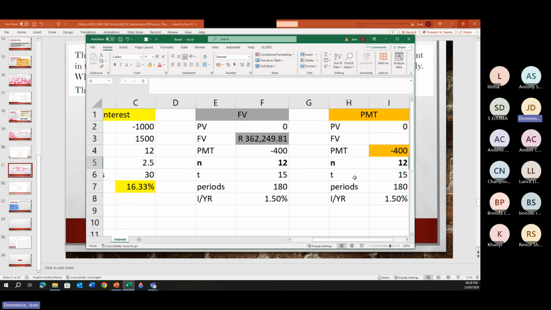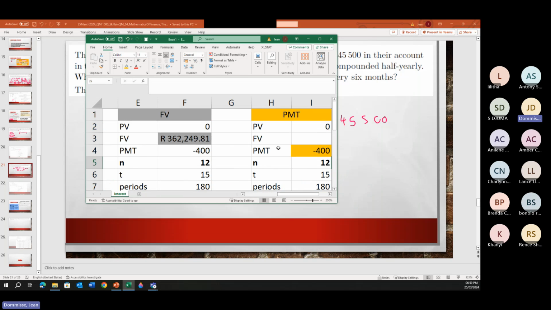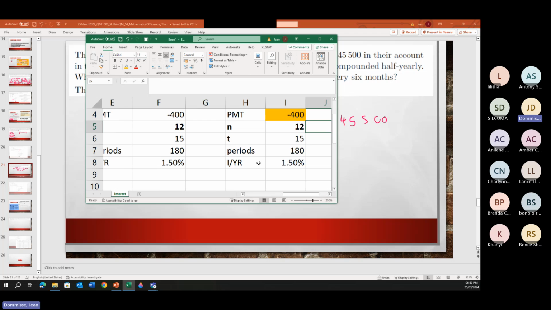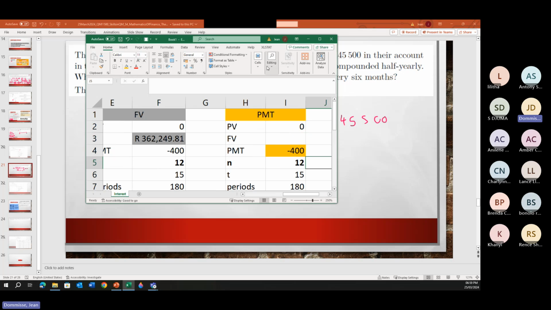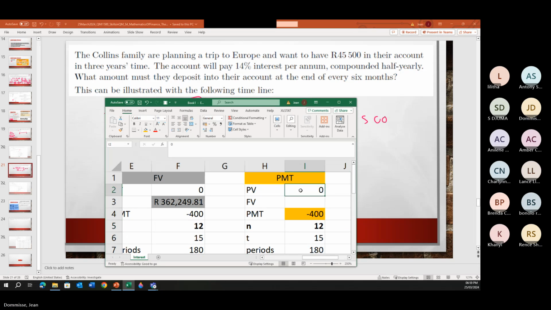So let's quickly see. I just want to make it smaller so that we see what information they gave us. Okay, so they told us that we've got a present value of 0. We started off at 0. We have a future value of 45,500 that we're going to work out.